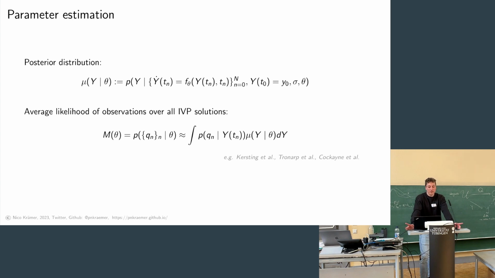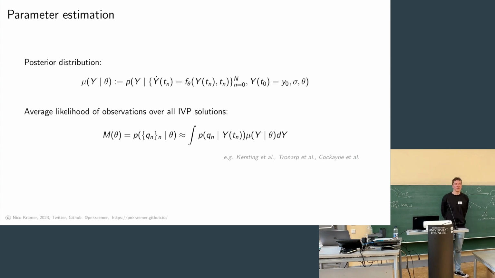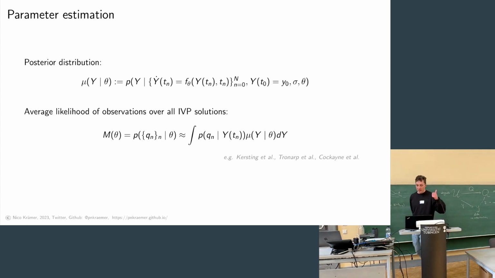However, if we have means of expressing this bad solution in, say, some covariance, then this process of averaging our likelihood over different realizations of our solution takes into account what might be wrong with our models. So we actually get something that's a lot more useful than if we just plugged in either the mean of this solution or some non-probabilistic solver. That is the first point.